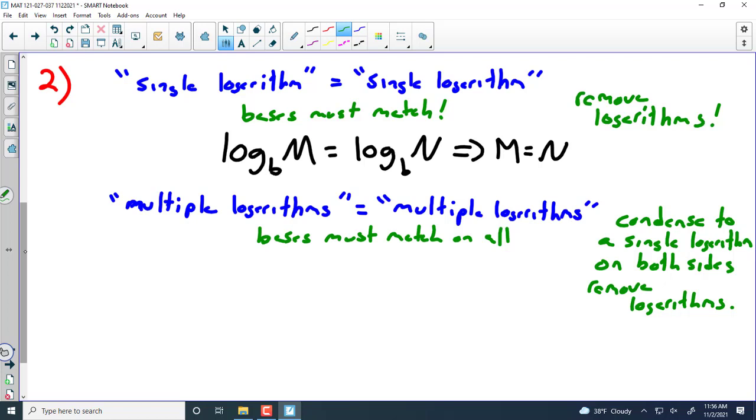If you have multiple logarithms on one side and multiple logarithms on the other side and the bases all match, you condense, so you have a single logarithm on each side, then you remove the logarithms.